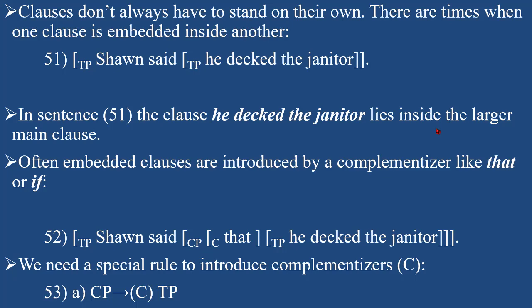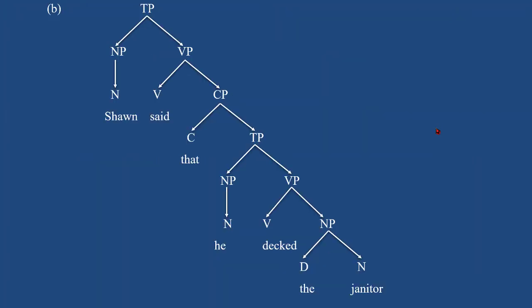Sean said that he decked the janitor. We need a special rule to introduce complementizer C. So this CP, that is complementizer phrase. CP consists of a complementizer, which is, for example, that in this case, and the TP, right? So Sean said that he decked the janitor. This is the tree structure for this sentence.